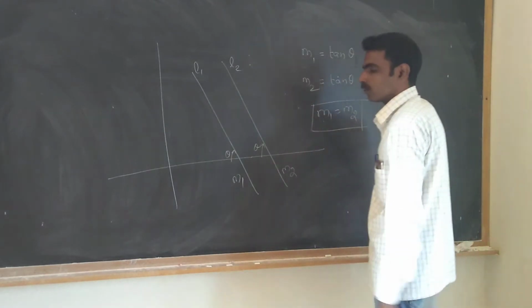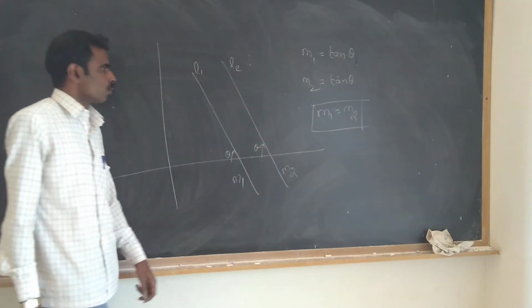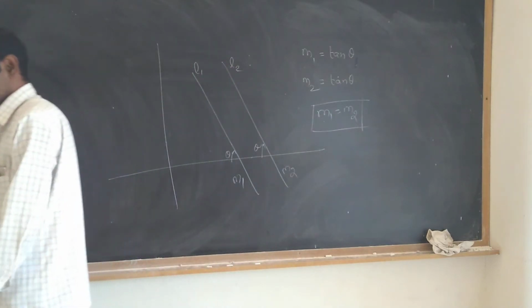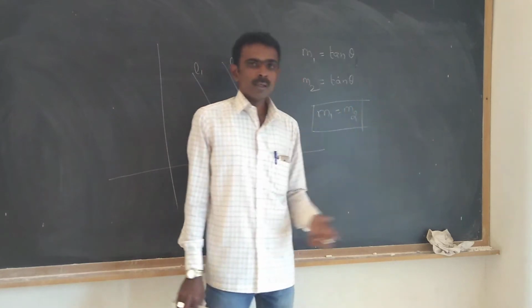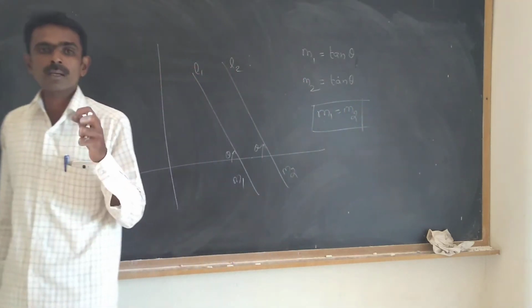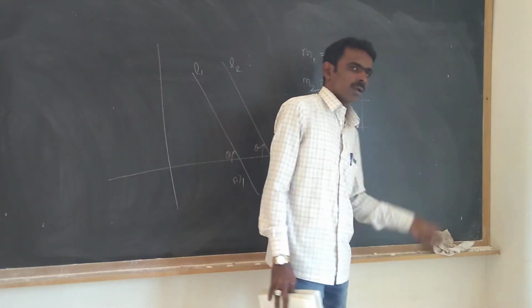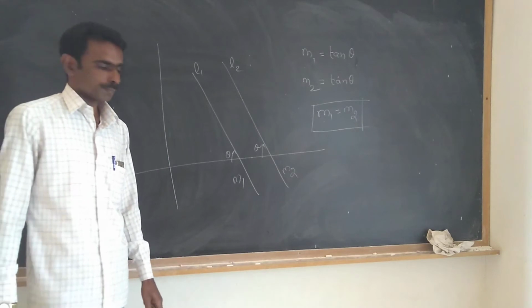So the given two lines will be parallel if their slopes are equal, that is, m1 is equal to m2. So tan theta is equal to tan theta.